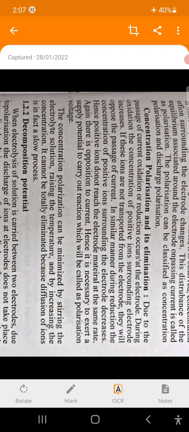Therefore, this concentration polarization can be minimized, not made zero, by stirring the solution continuously.